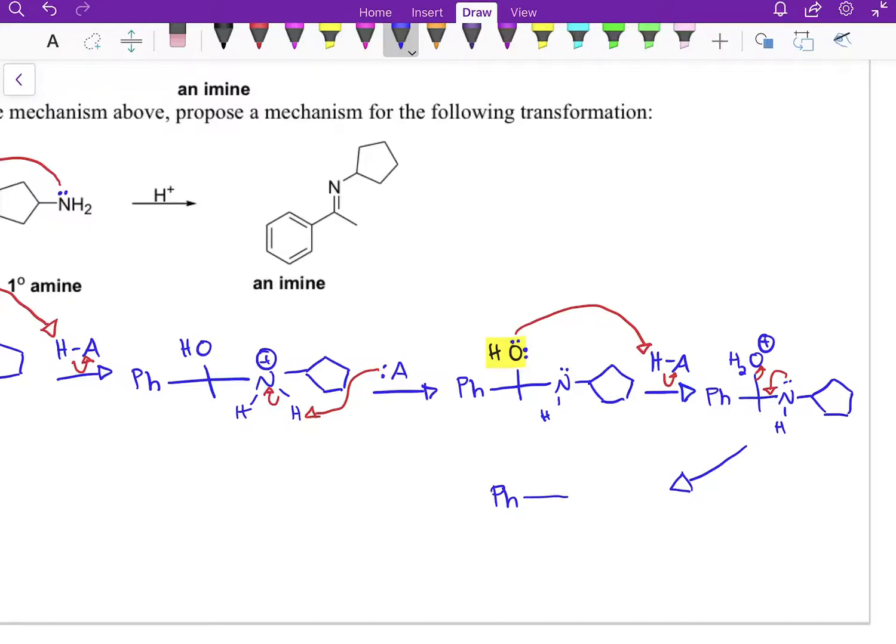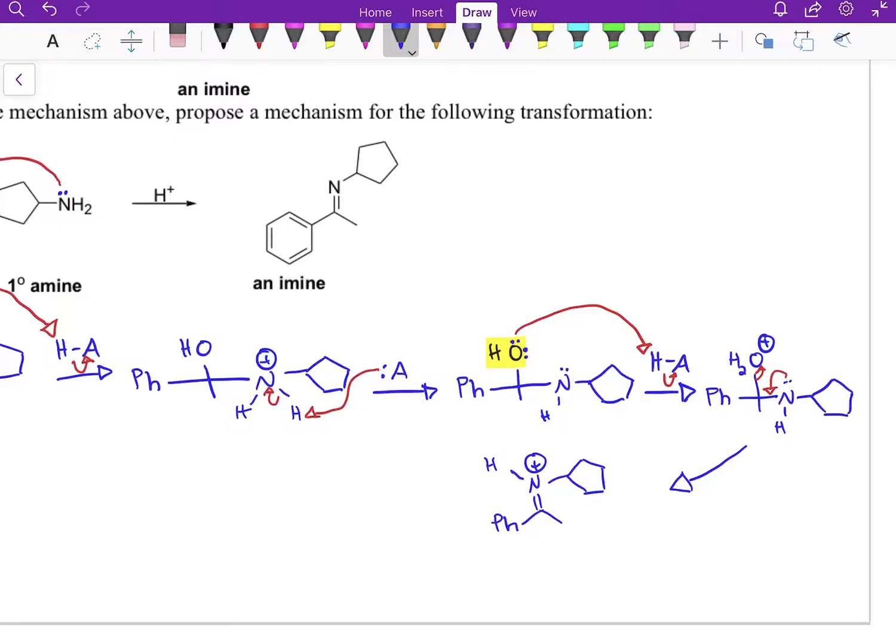So now you're going to have the nitrogen with a double bond. And it still has this hydrogen attached, but it's now positively charged.